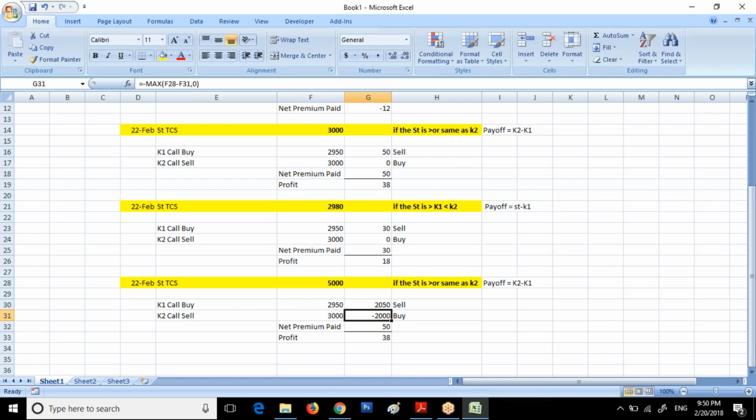So you can think like this: one gives you profit and another gives you loss if the price goes up, so you have limited profit on the upside. Likewise, if the price goes down, you have limited loss on the downside, because call buy gives you limited loss and call sell gives you limited profit. So you have limited profit and limited loss in both directions.